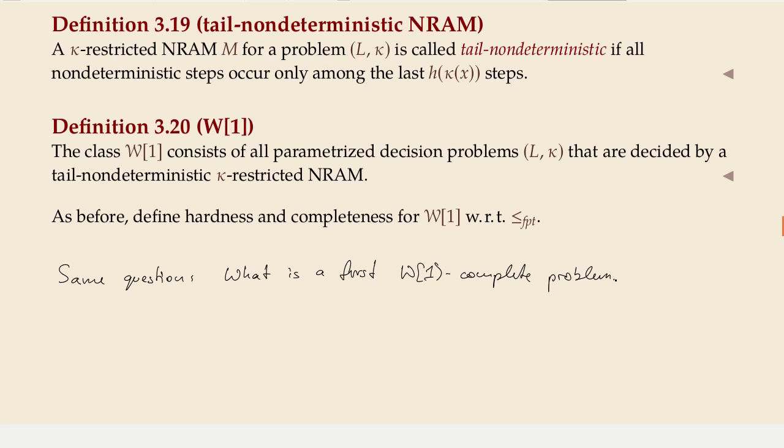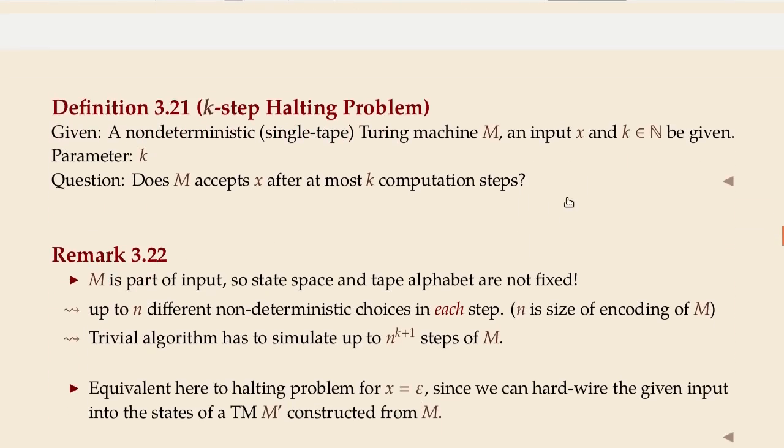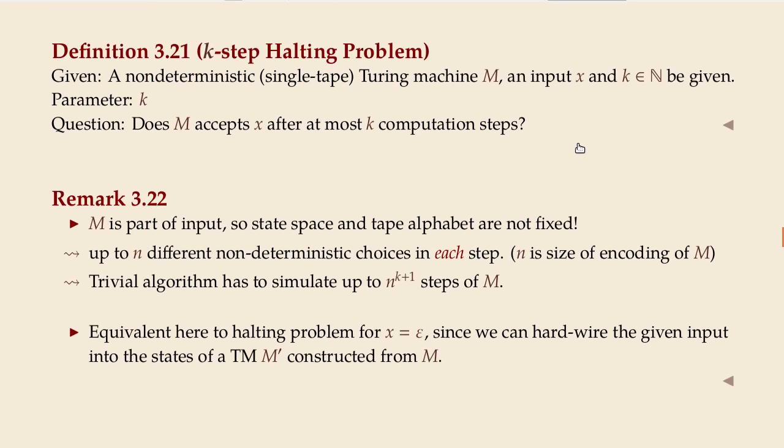Which problem might we try to look at first to check if we find a suitable version that's complete? Satisfiability. Well, in this case, it's easier to start with another one. But we'll come back to satisfiability in a second.